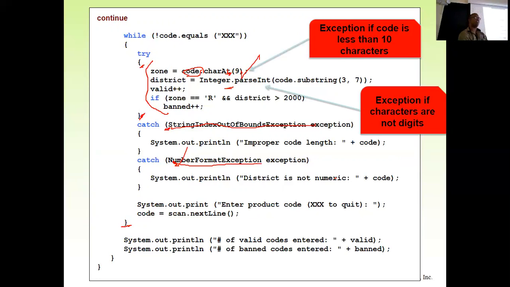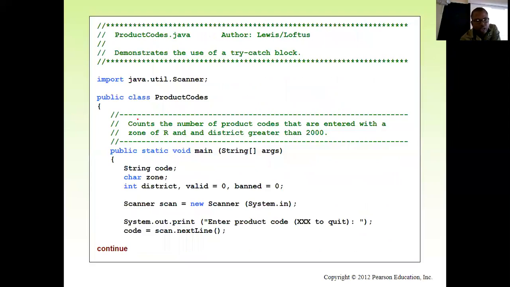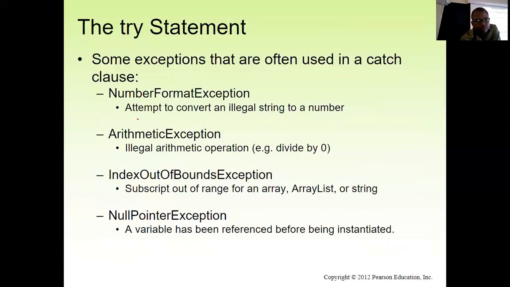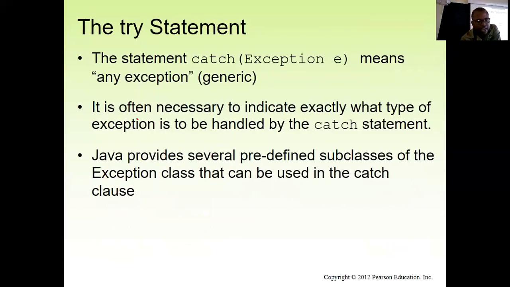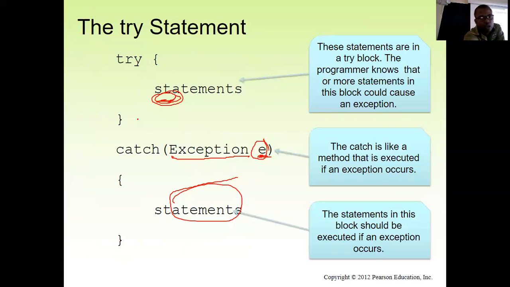Now, one thing you don't want to do here is to make your exception handling look like this situation, where you're using Exception here. Why don't you want to do that? Because any of the exceptions that would have been generated would be caught by using the Exception class, because the Exception class is like the parent.